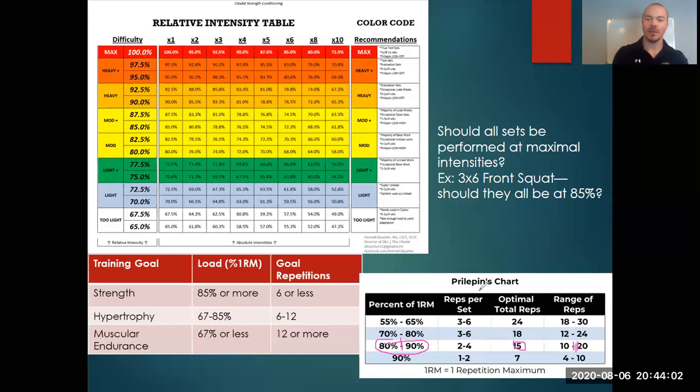It's not too bad. It's close to 20, but not quite. And for our training goal for strength, it fits over here. So some of your logic, depending on what you're looking at, it may support that, but for the reasons I already stated while sketching on our relative intensity chart, I would advise against it.